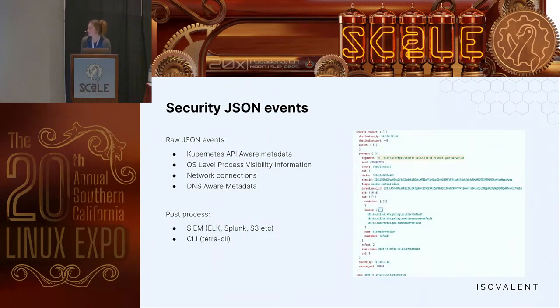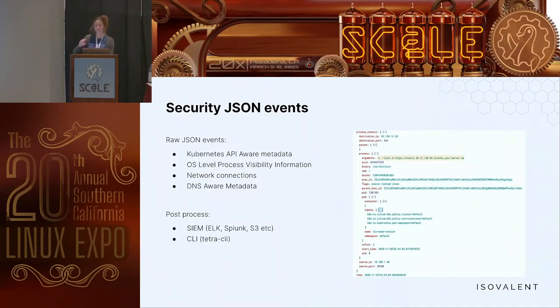So this is how a JSON event would look. This is just picking up TLS v1, which is an old TLS version, and we should never use it. It contains the Kubernetes identity information like workloads, pods, namespaces, labels. It has the process visibility information, like what binary was running and with what arguments.